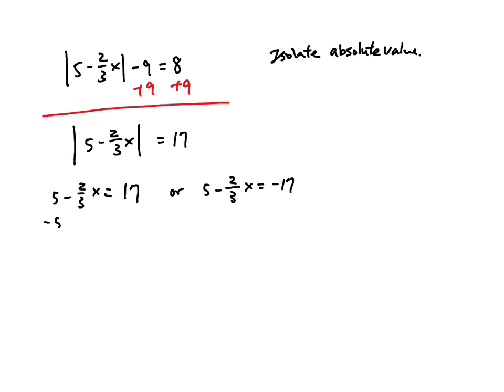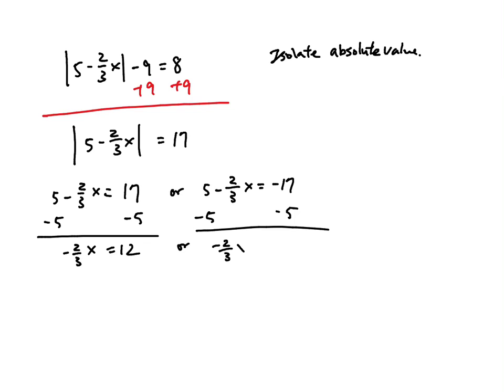I'm going to subtract 5 on both sides, on everybody. So if I do that, I have negative 2/3 x equals 12, or negative 2/3 x equals negative 22. To finish this problem, I'm going to multiply both sides by the reciprocal.